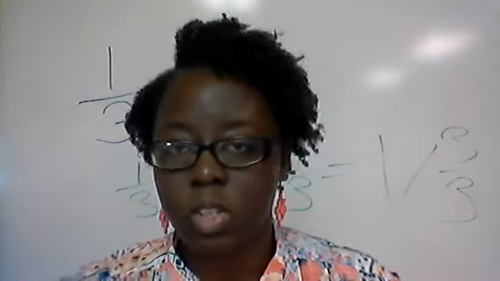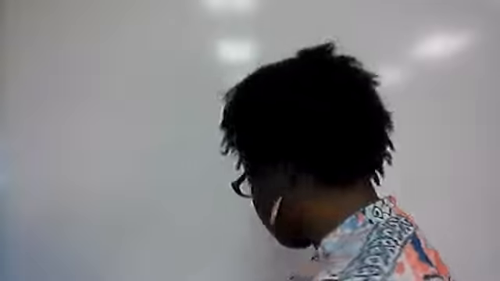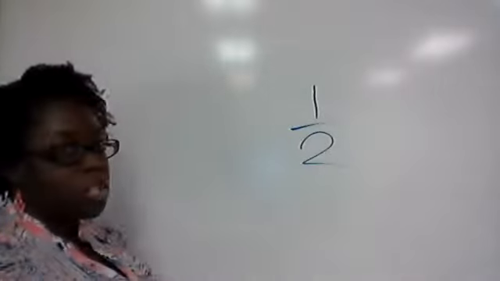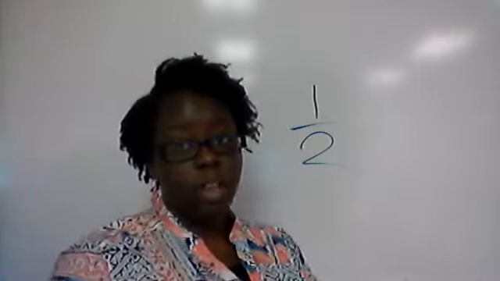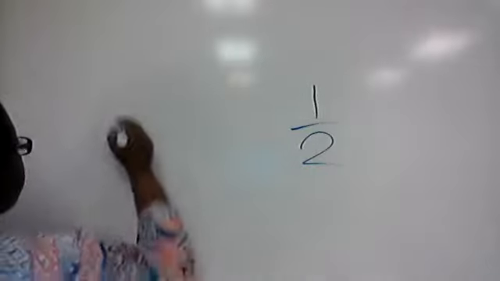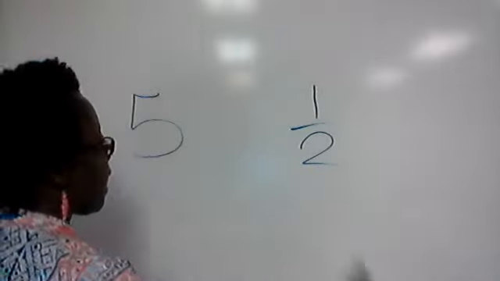Before getting to that, I want to show you something real quick. Let's say, for example, I said 5 and 1/2. Notice, if I just said 1/2, you would just write 1/2. But I'm saying 5 and 1/2, so that means you'd write a 5 and 1/2.